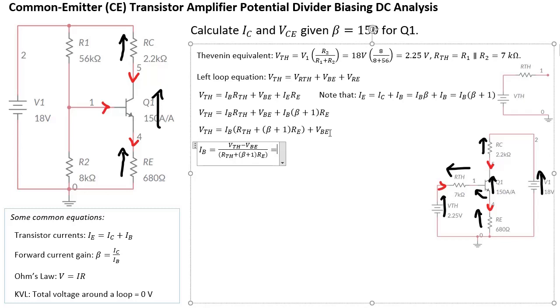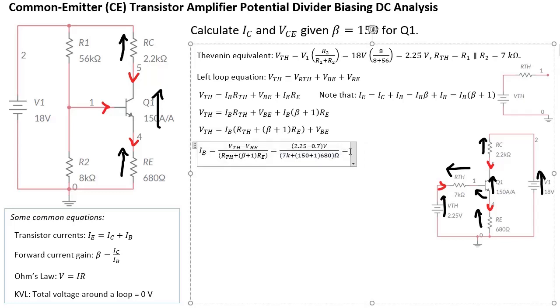So let's just work this out. VTH is 2.25 minus 0.7 volts, divided by RTH, which is 7 kilo ohm, plus beta, which is 150, plus 1 times RE, which is 680 ohms.